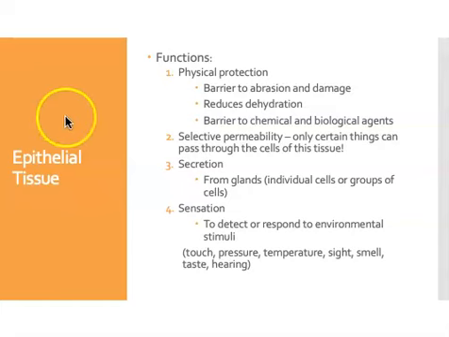Now, the other protection that epithelial tissue provides is protection against dehydration. One of the places where this is most evident is in burn patients. A person who suffers a third-degree burn or worse over large areas of their body is in terrible danger of death.